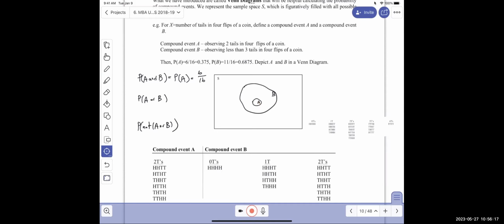Well, we don't want to overlap, so even if we added A and B, we'd have to subtract A. So really, it's just probability of B. And then not A or B is really just 1 minus probability of B. So it's 5/16.